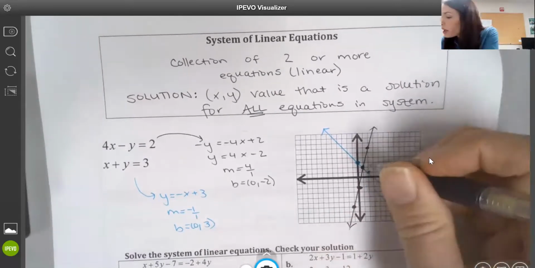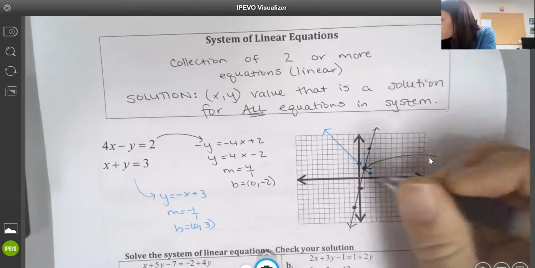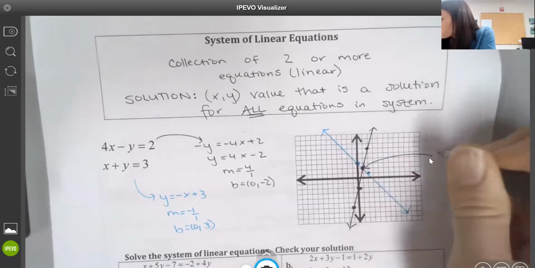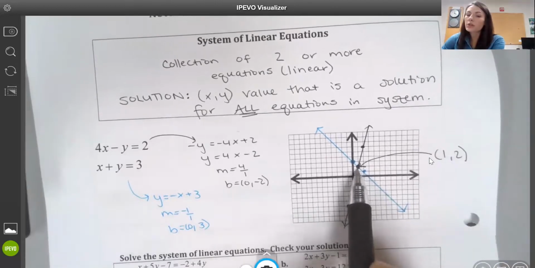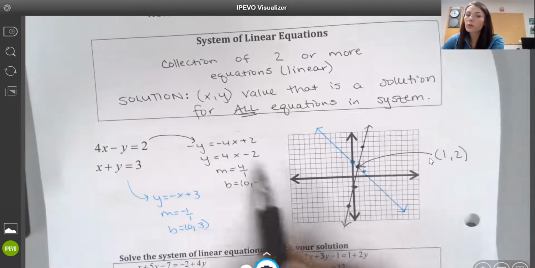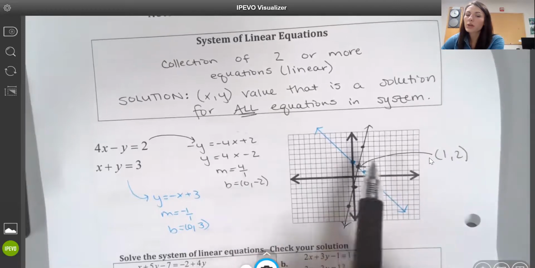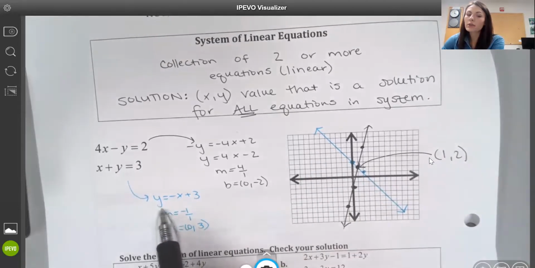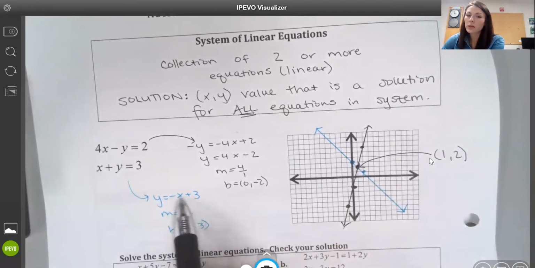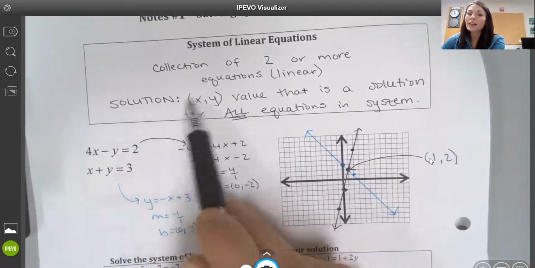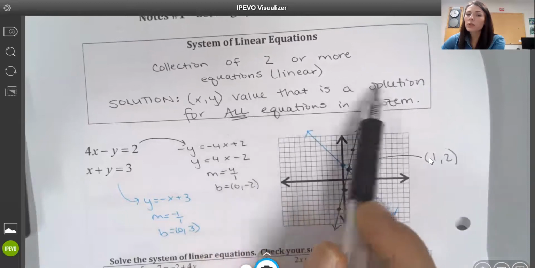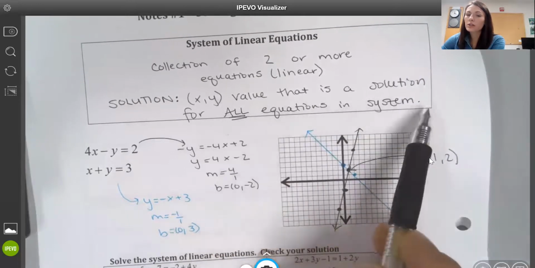So this point, which is 1, 2, this point 1, 2 is a solution for both y equals 4x minus 2 and y equals -x plus 2. It's a solution for this line and a solution for this line. That's the xy value. That's a solution for all the equations in this system.